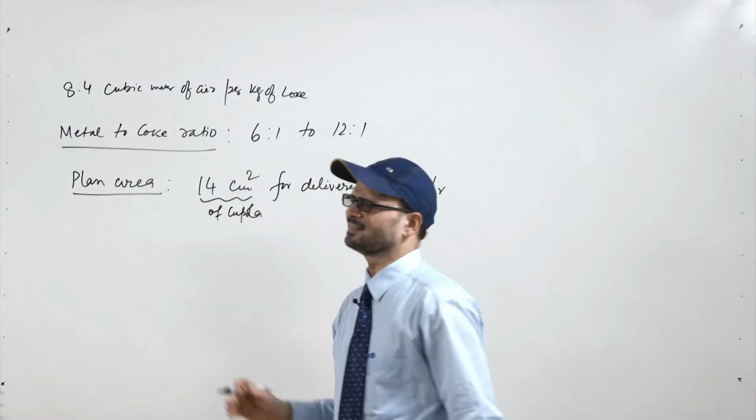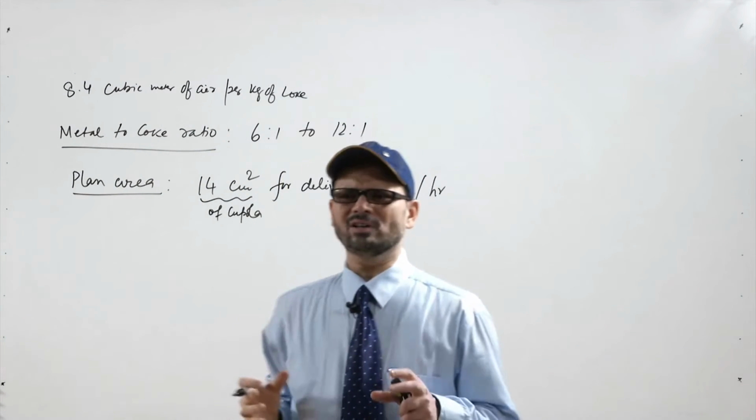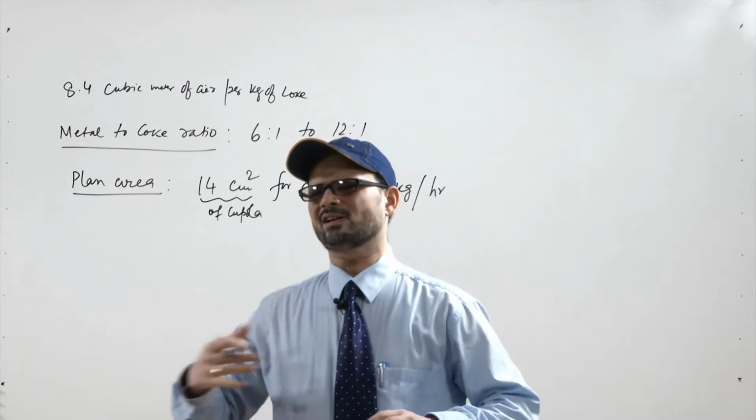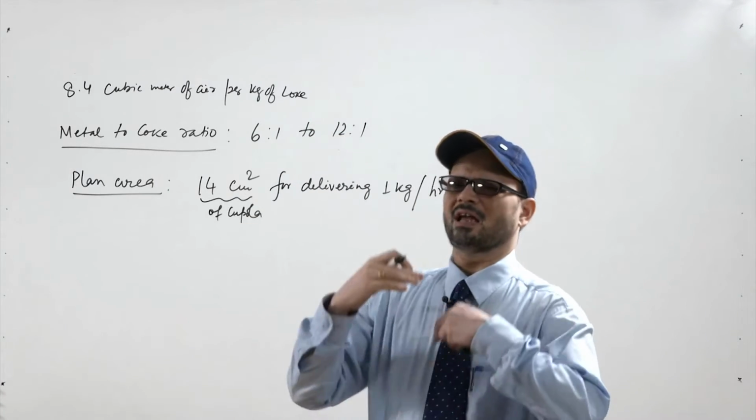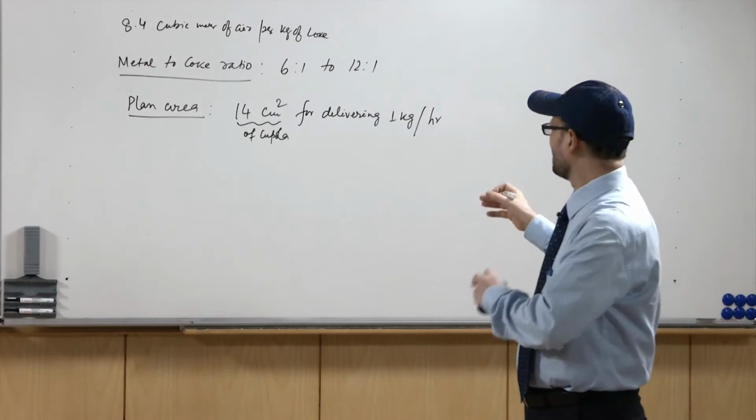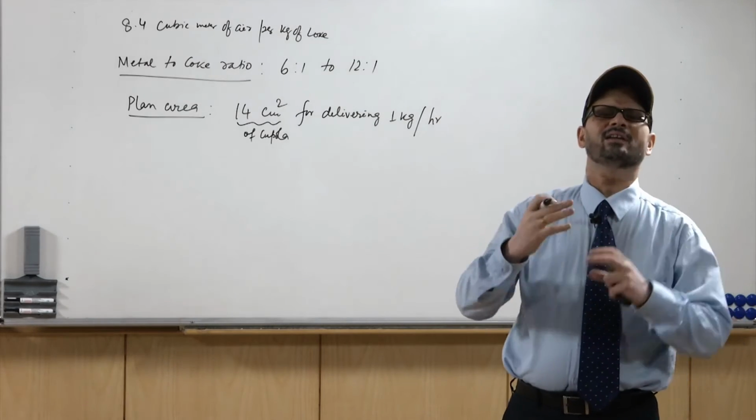So, these are the formulas which are normally used for calculating the dimension of the cupola and the amount of coke, and once you know the amount of coke, you can find the amount of air requirement.